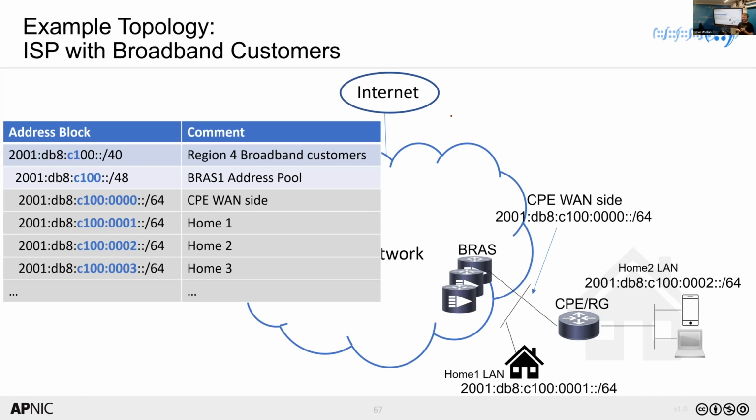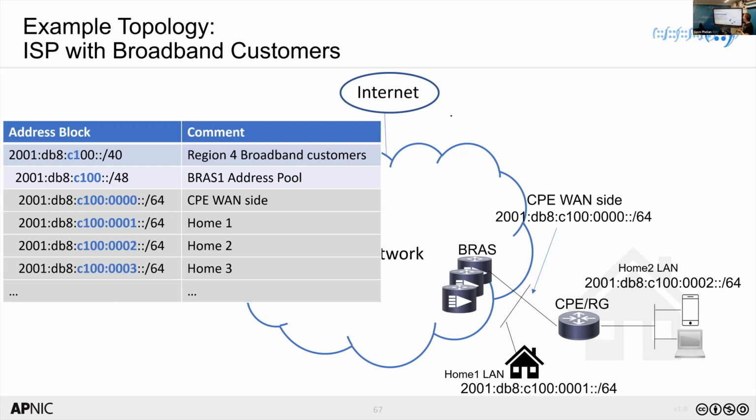But generally, if you've got your own block, you'll only have a /48. If you do need to do multi-homing, ask your RIR for a /44 or a /40. They shouldn't have any problems giving that to you, especially if you say, hey, I need to multi-home.